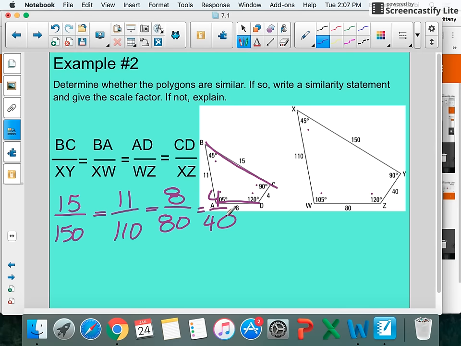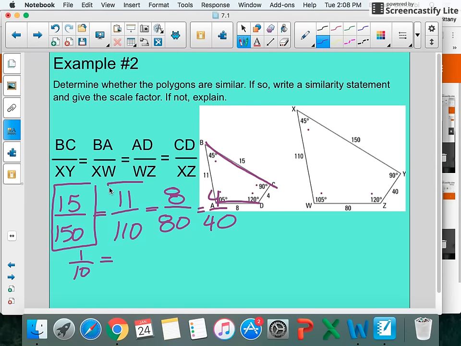In order to see if these are the same, obviously they don't look the same right off the bat, but we have to simplify each fraction. You can simplify each fraction separately. If I simplify 15 over 150, I'm going to divide top and bottom by 15. That gives me 1 over 10.